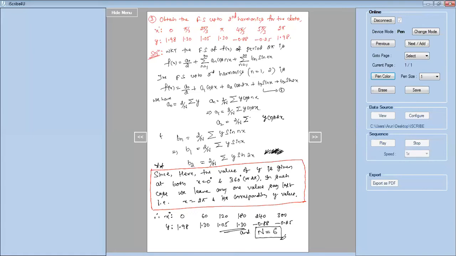So let us construct a relevant table for the data and find the values of A0, A1, A2, B1, B2. Let me go to the next page.